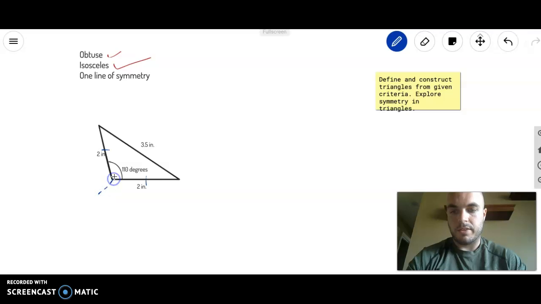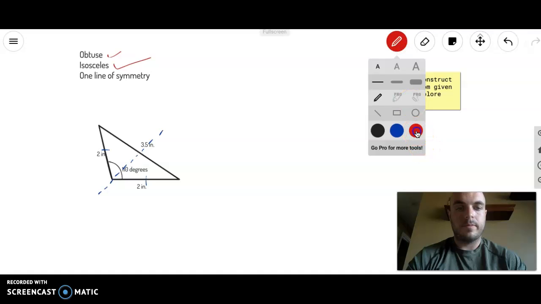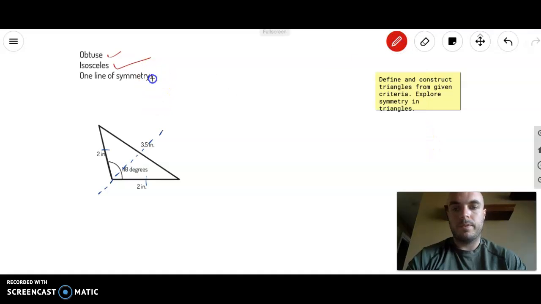I'll do my best to make this straight while doing this dotted line. You can imagine you were to fold this tip over that line to this tip, and this would be the one line of symmetry you need. So I'm going to check that off as well.